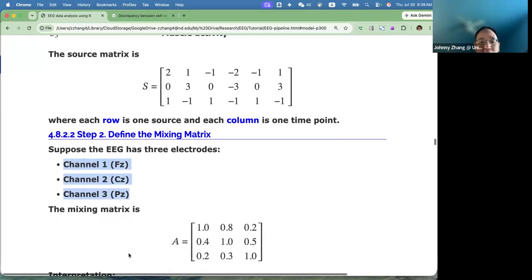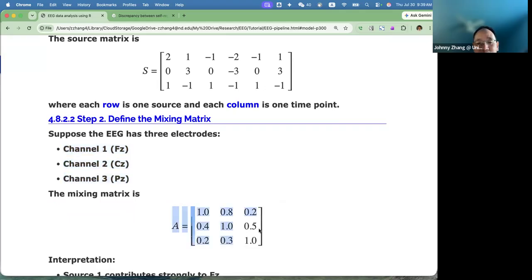So we have a mixing matrix A that looks like this. This tells us how we mix those signals together to get the signals for channel 1, channel 2. For example, this is the weight for the first channel. So this will weight the three values on each column and then get the observed information for this channel, FZ. And similarly, the second row will give the signals for the second channel.